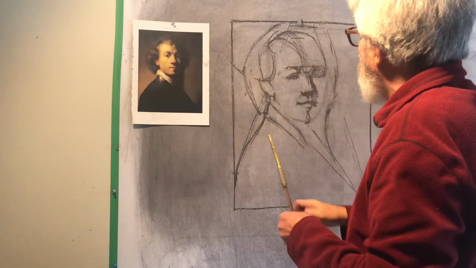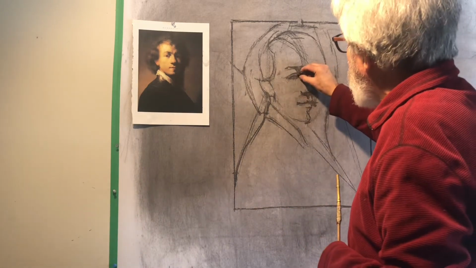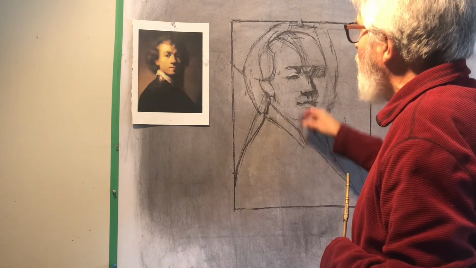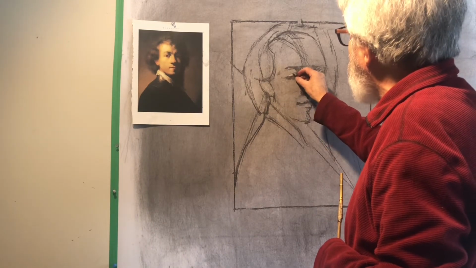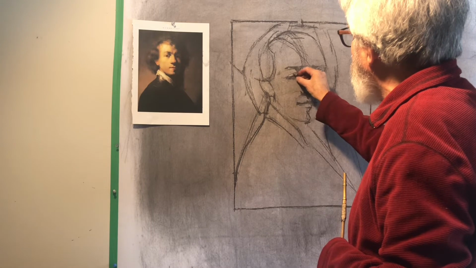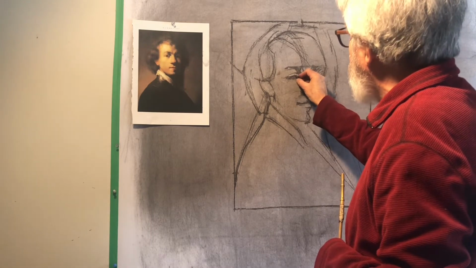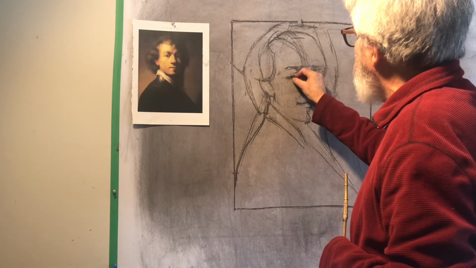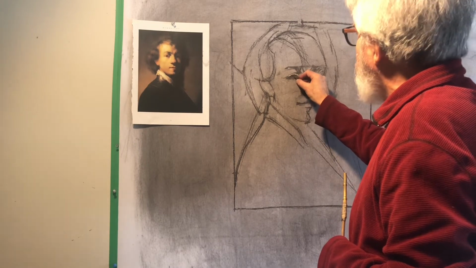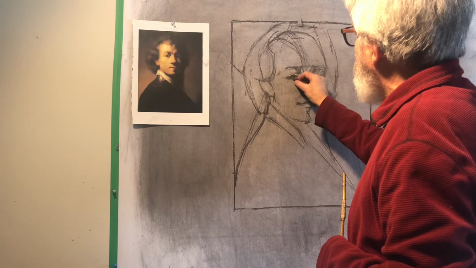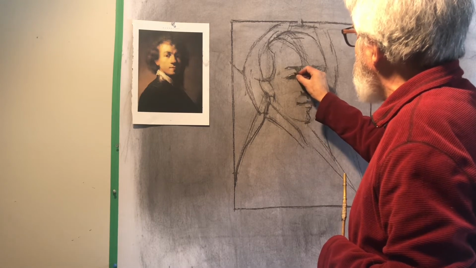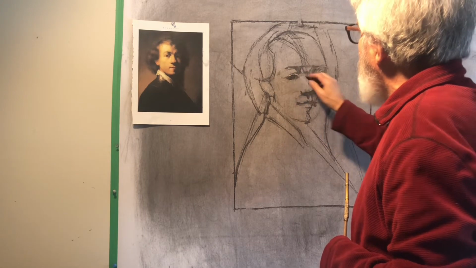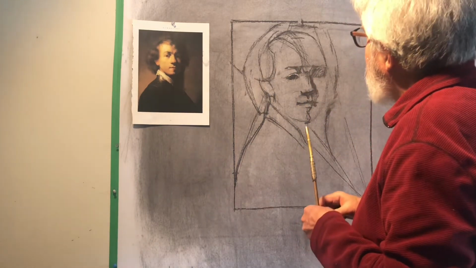This would be the upper lid, and what I'm going to do is lift just a little light where I would want it to be. This is going to be the shadow it's all within. And I'm going to connect these darks.